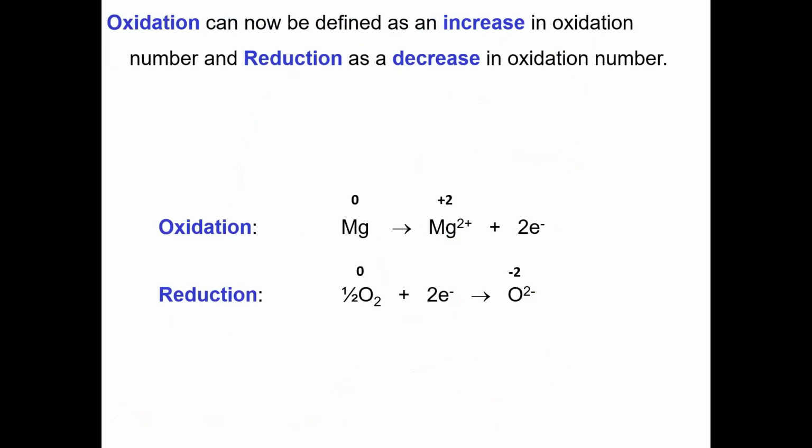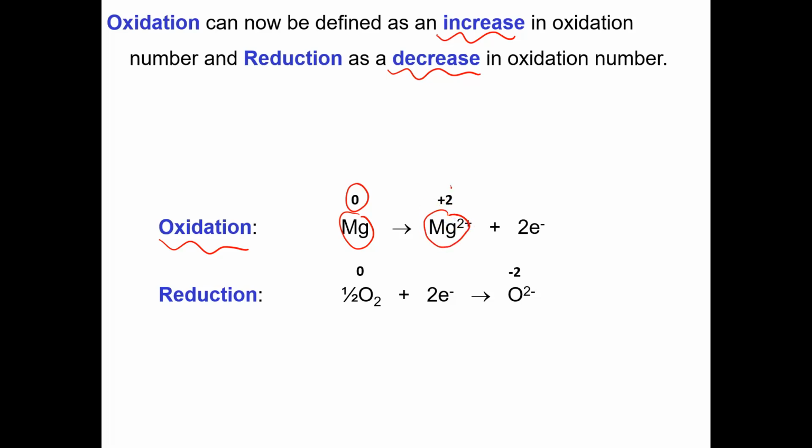So why is this useful? Well, oxidation can now be defined as an increase in oxidation number, and reduction can now be defined as a decrease in oxidation number. So going back to our simple example, we knew just through observation that the magnesium was becoming oxidized, but now we can see that if we track through oxidation numbers. Magnesium as an element has an oxidation number of 0.